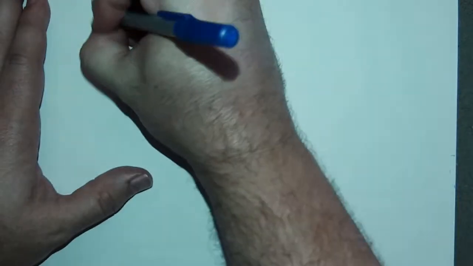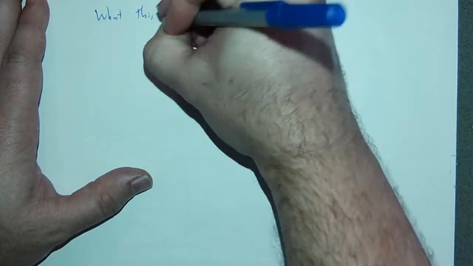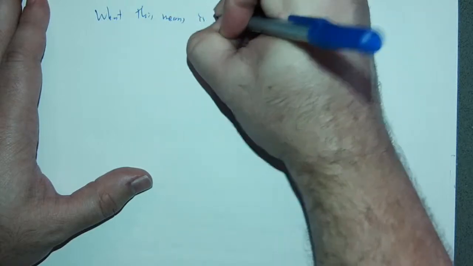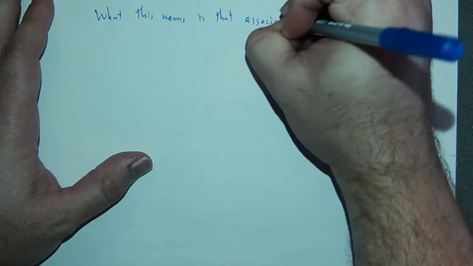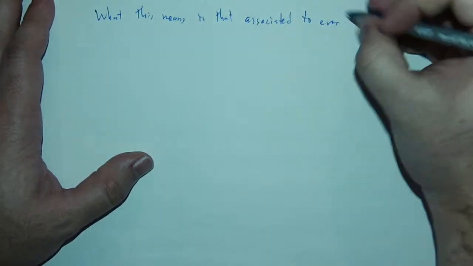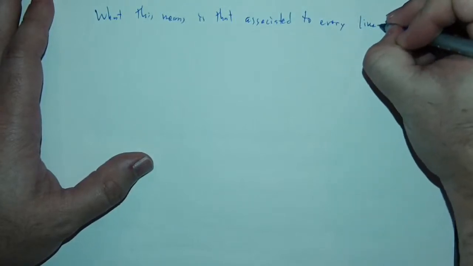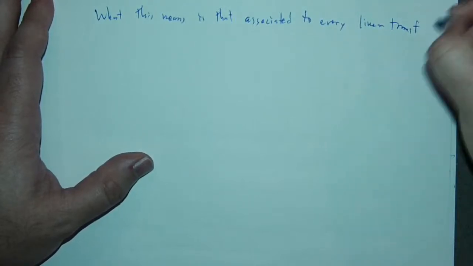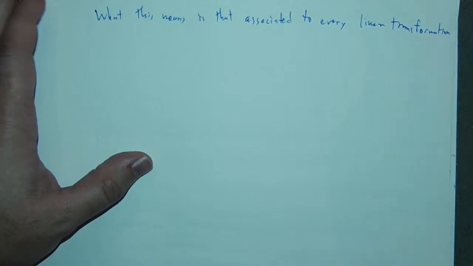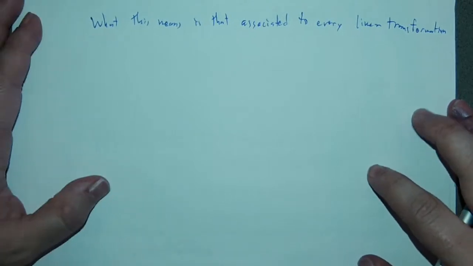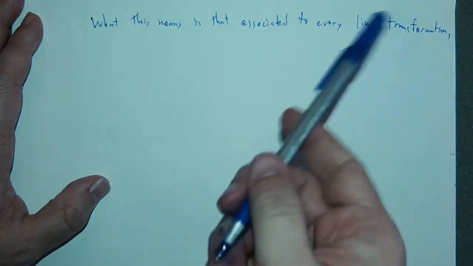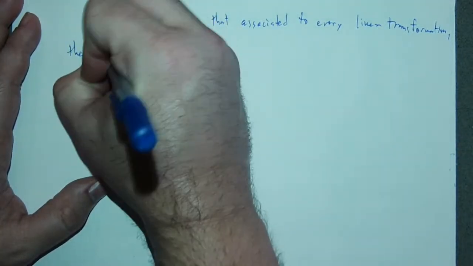Okay. So what does this allow us to do? What this means is that, under these assumptions that we're going to be under for the rest of the course unless I specifically say otherwise, associated to every linear transformation there is a matrix.